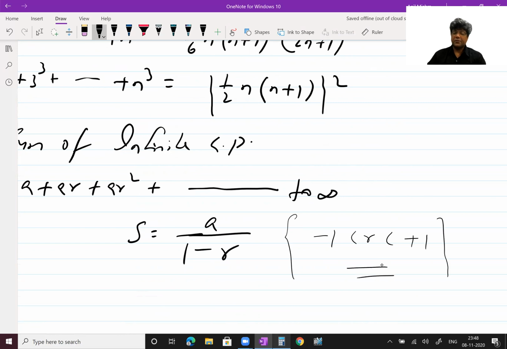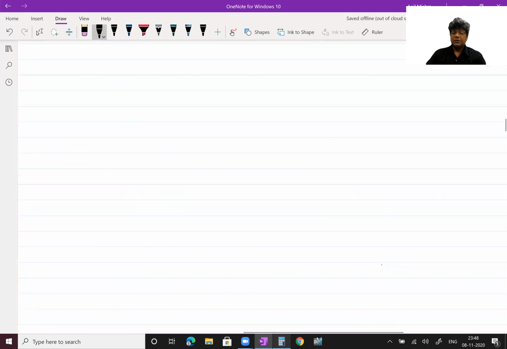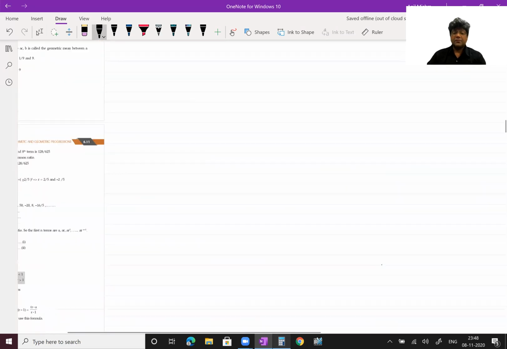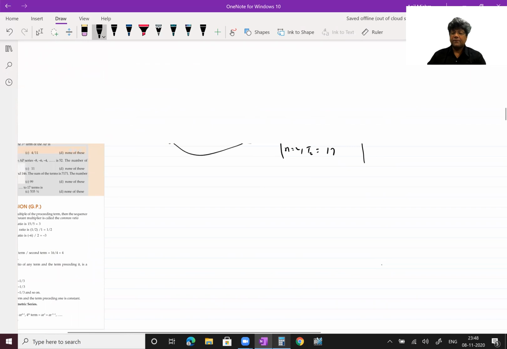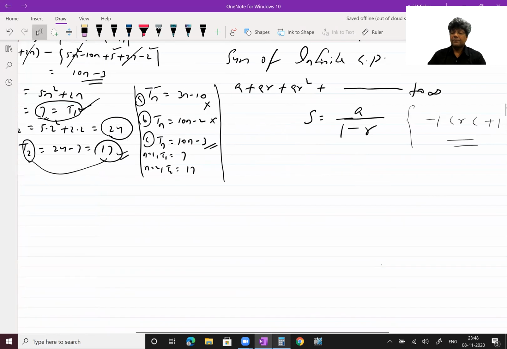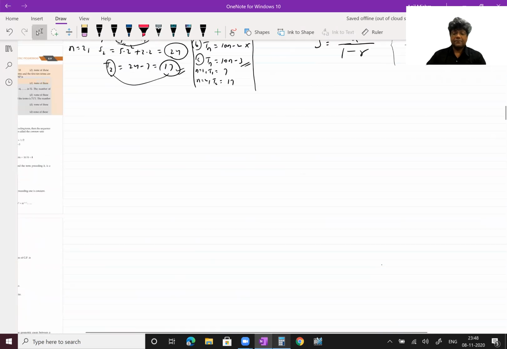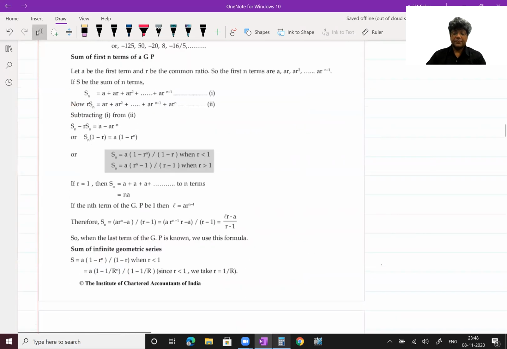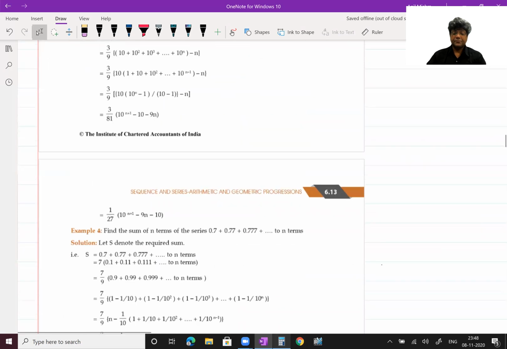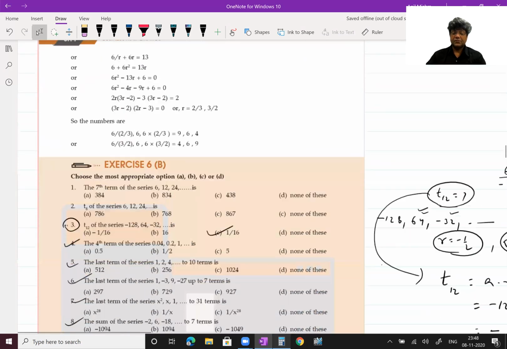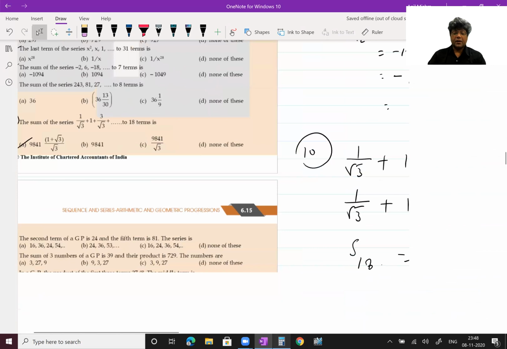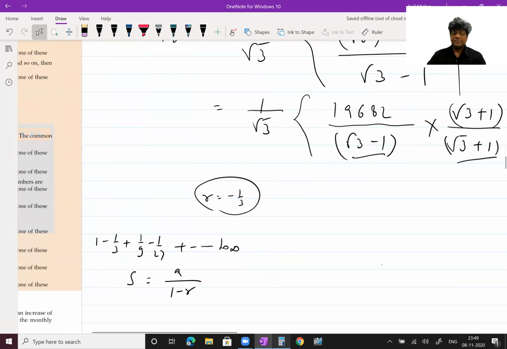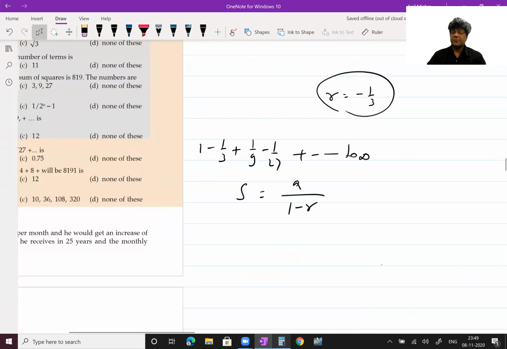Then only you can apply the formula. So here our R is minus 1 by 3, which is lying between minus 1 to plus 1.